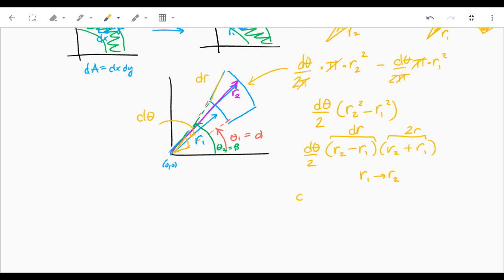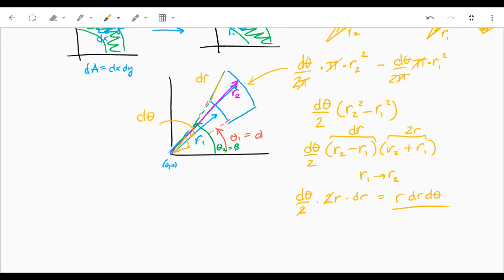Okay, so then we'd have d theta over 2 times, I'm going to switch the order there, 2r times dr. The 2's cancel out, and we have r dr d theta. There's where that extra r came from. There are other ways to derive that relationship, but I like that one the best. So there you go. Or you can just take my word for it. You need the r. You can't just switch dx dy to d r d theta. You have to have the r.